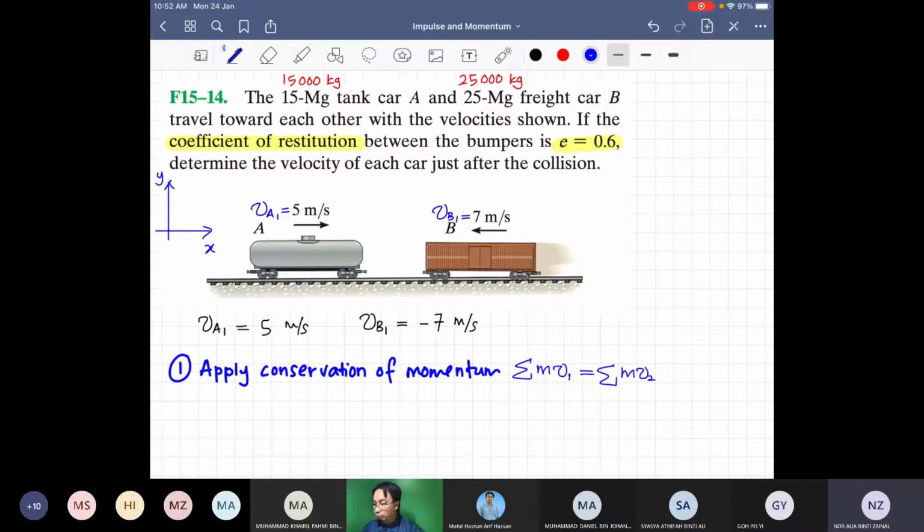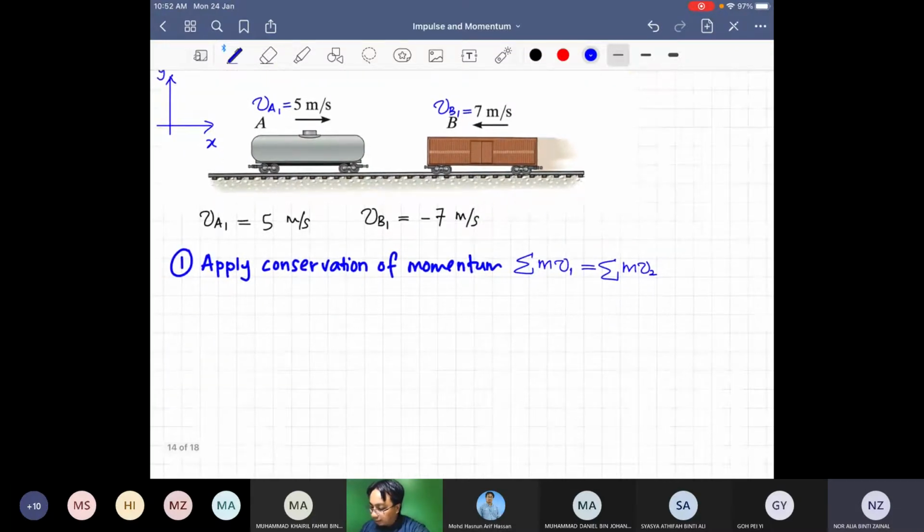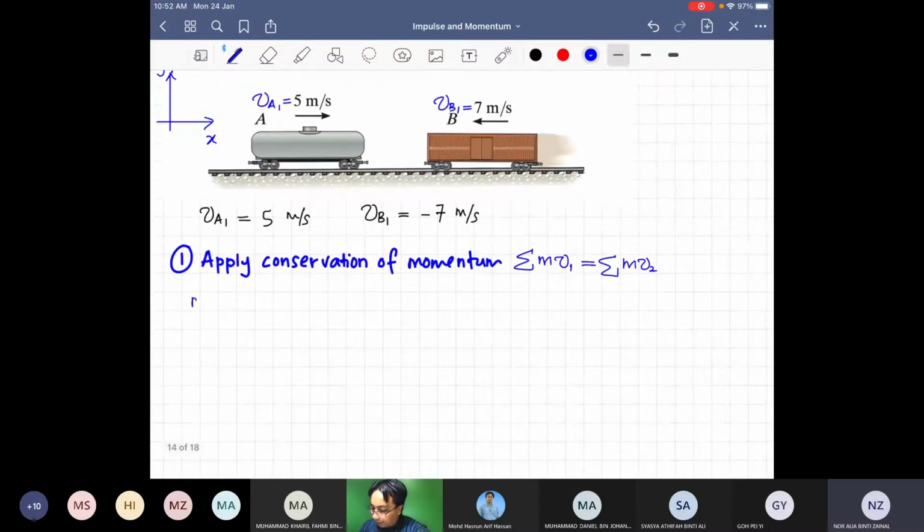In this case kita akan tulis sebagai MA VA1 tambah MB VB1. Ini menunjukkan motion of the two objects pada awal, sebelum dia berlanggar.